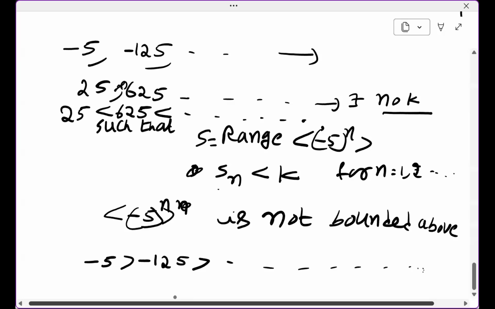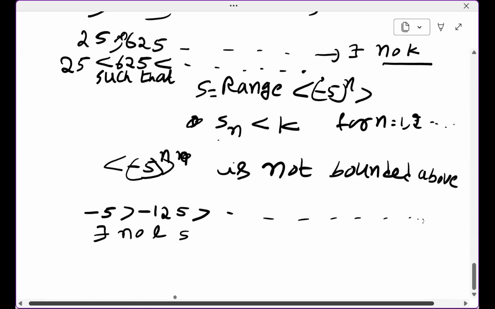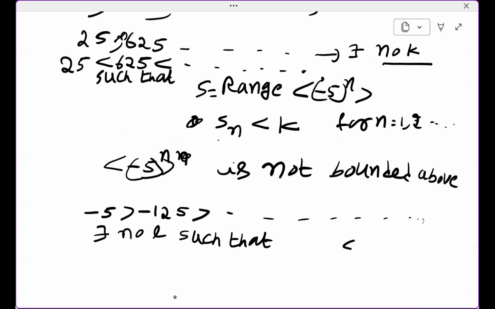Therefore, there exists no L such that Sn is greater than or equal to L, that is, L is less than or equal to Sn. It can be equal also, for n equal to 1, 2, and so on.